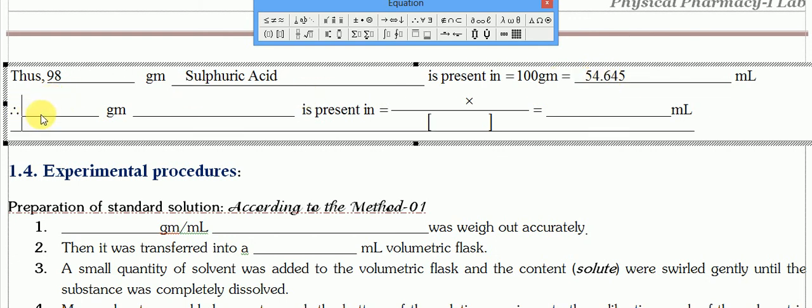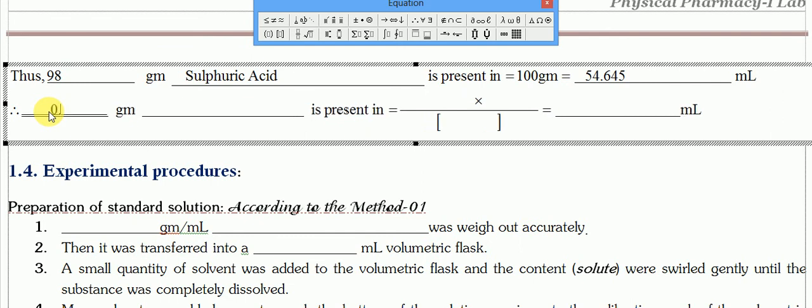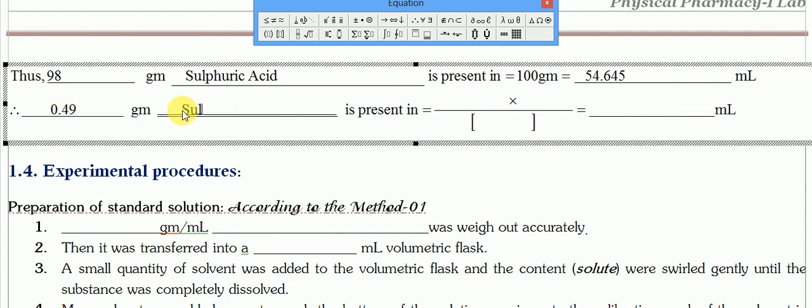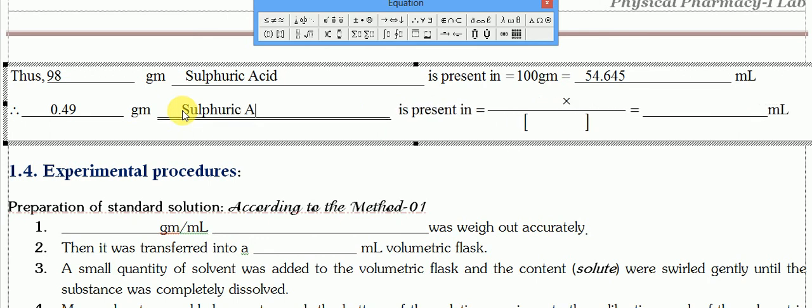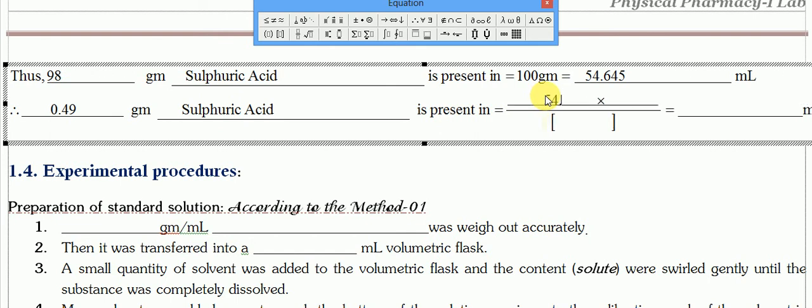Now we are writing the intended volume. 0.49 gram sulfuric acid is present in 54.654 multiplied by 0.49 divided by 98.